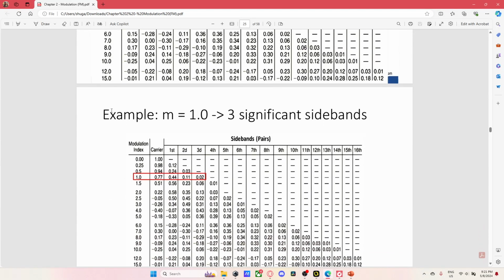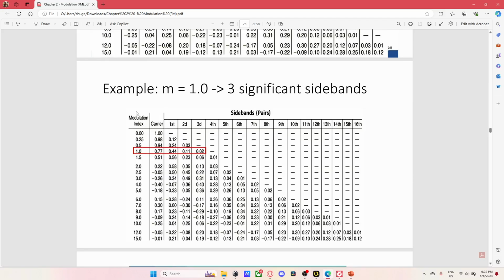Okay, let's see the first example where our modulation index m is equal to 1. You will see the m is 1 over here. So your carrier here is 0.77 and your first, second and third will be equal to 0.44, 0.11 and 0.02.